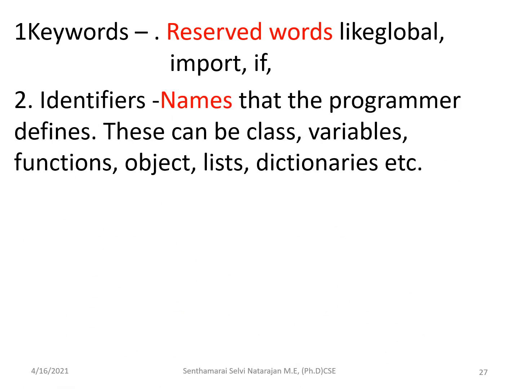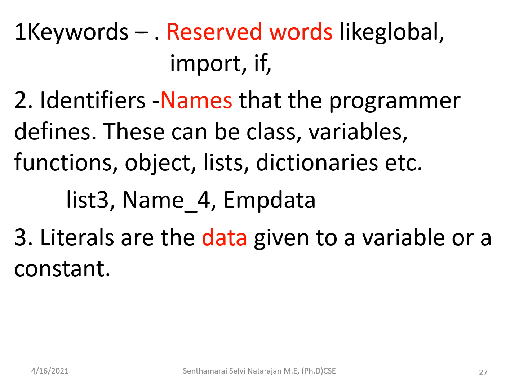And then identifiers. These are the names given by the programmer to define the variable, function, object, list, dictionaries, etc. We have some rules to define them, which we have already seen in variable definition. So these are some examples. And then literals.